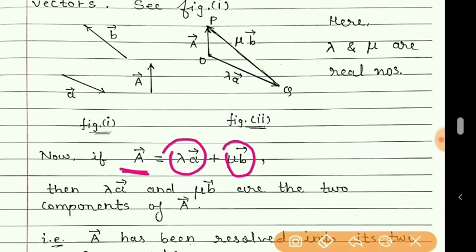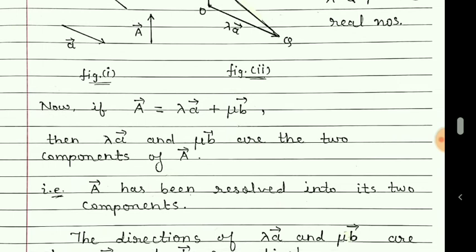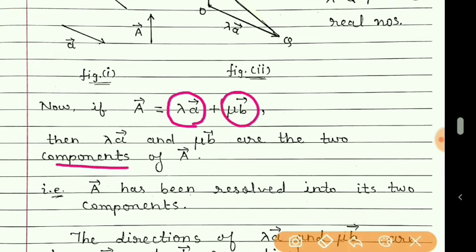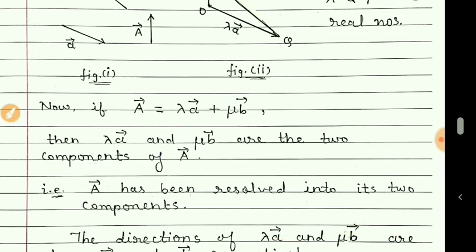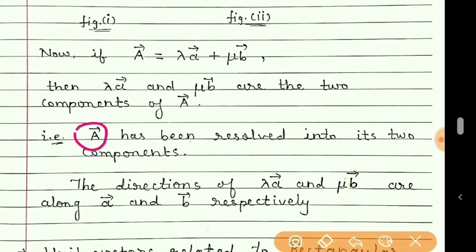So we have to choose the value of lambda and mu in such a way that by adding head to tail we get exactly that of vector A. So here these two, lambda a vector and mu b vector, are called the components of this vector A. And so we can say that vector A has been resolved into its two components.